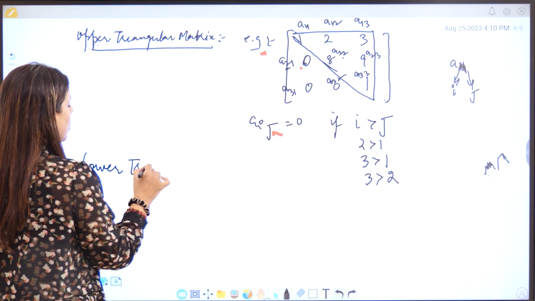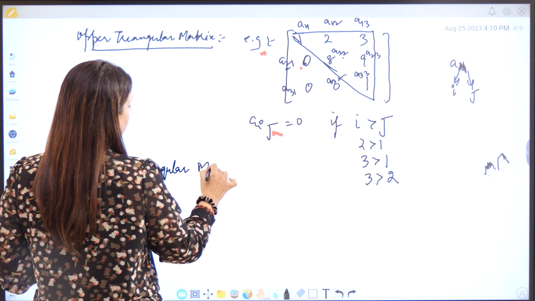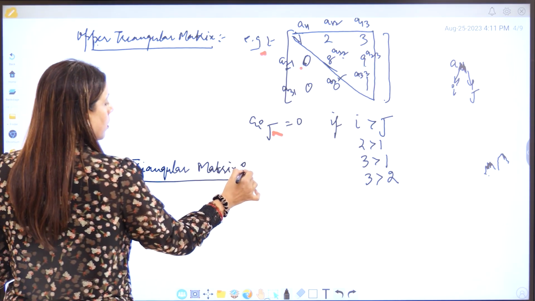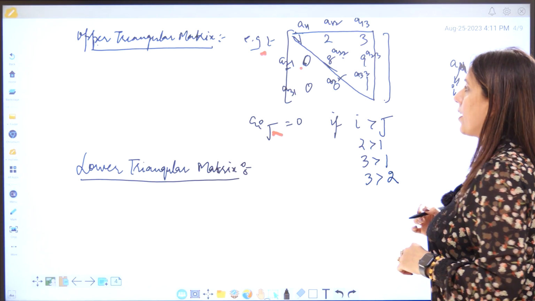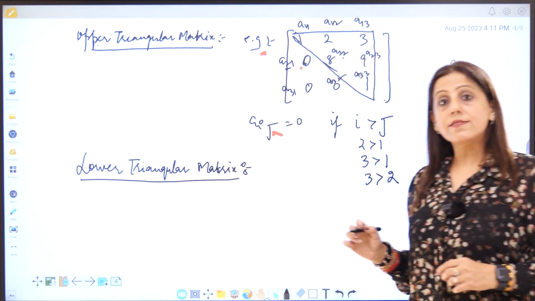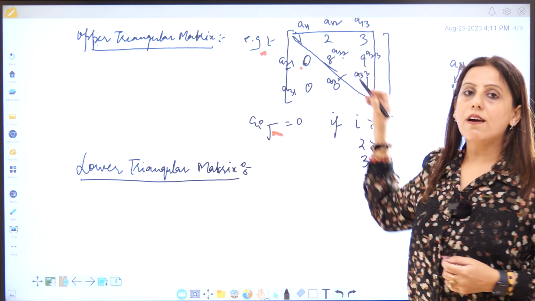Next is the lower triangular matrix. What is the lower triangular matrix? A lower triangular matrix is vice versa of this, in which all the elements above the diagonal elements are 0.